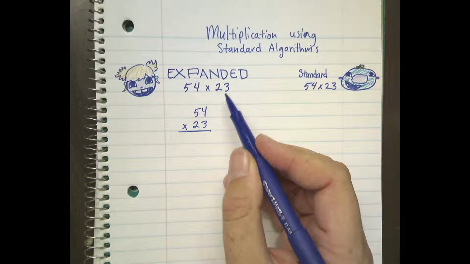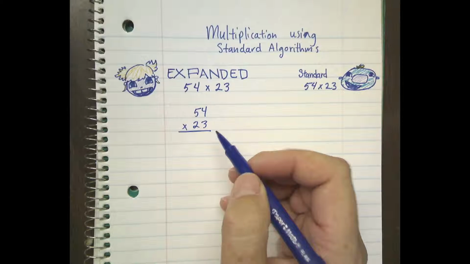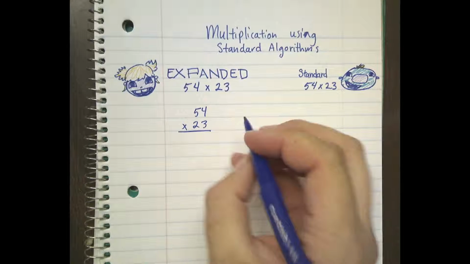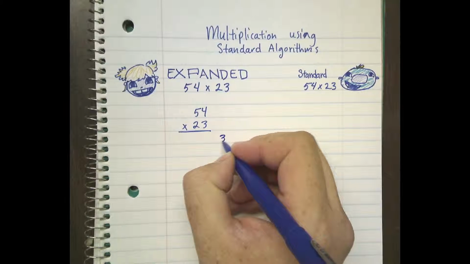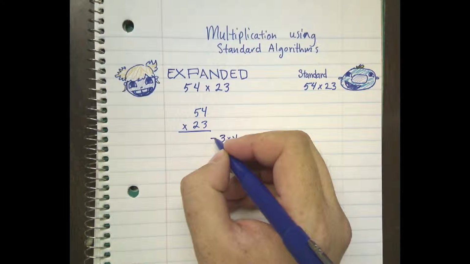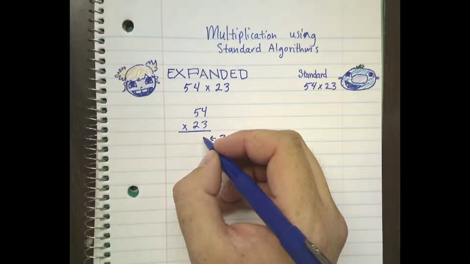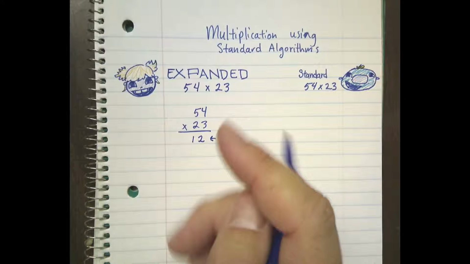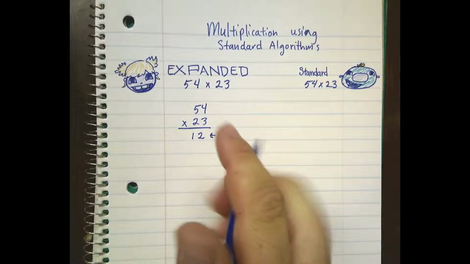I'm going to multiply that 3 ones by the 4 ones. So that's my first step: 3 times 4 goes right here, and that number is 12, because 3 times 4 is 12.